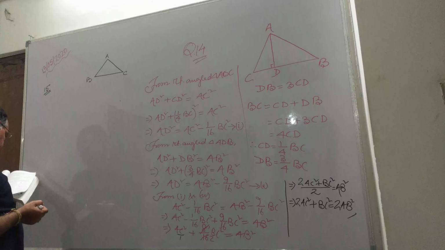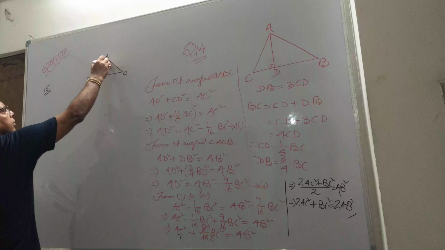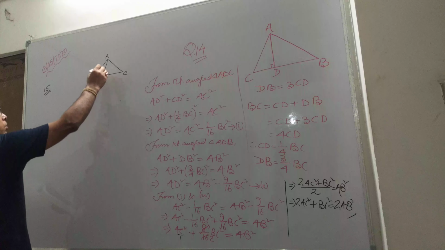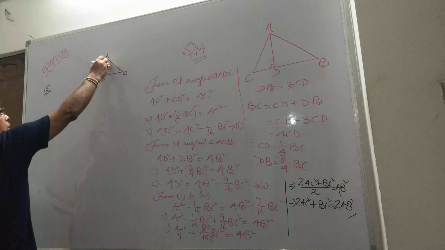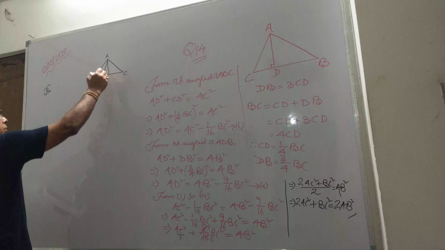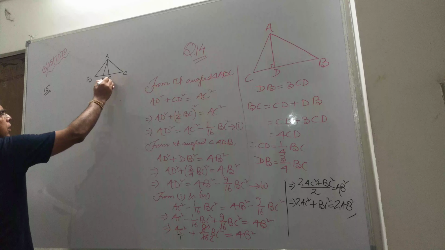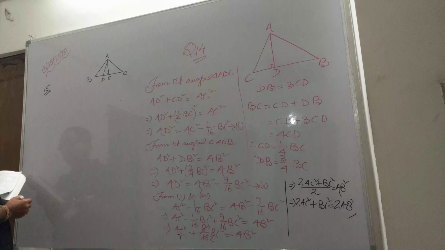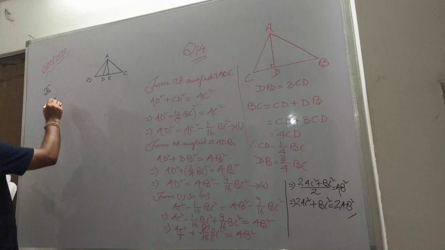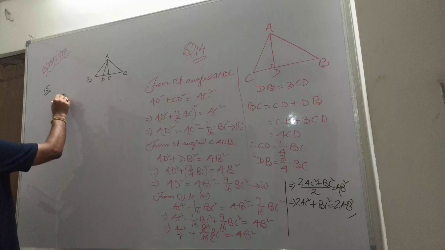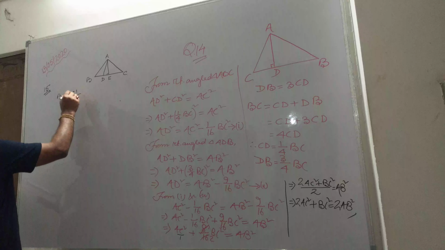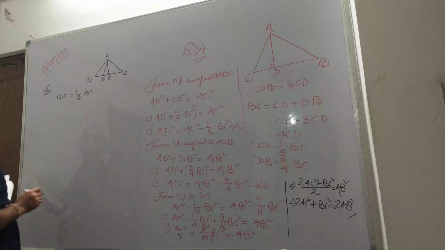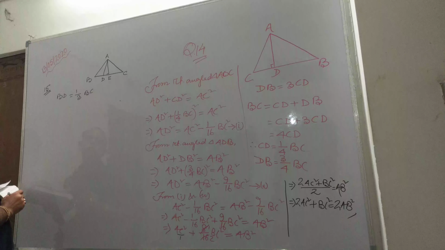D is a point on BC. And then you draw a perpendicular. Suppose this is E. And then the relation given is that BD equal to 1 by 3 BC. Okay? BD equal to 1 by 3 BC.